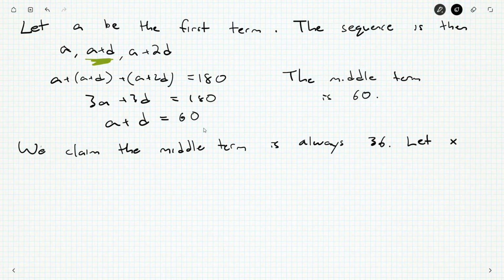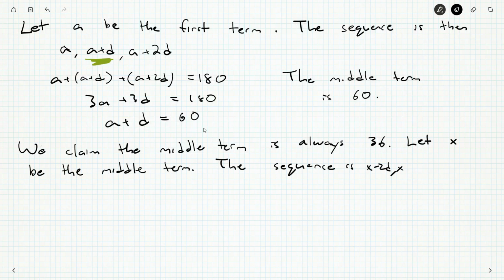And taking a page from my faster way of doing the first part, I think I'll let X be the middle term. Then we can see the sequence is x minus 2d, x minus d, x, x plus d, and x plus 2d.